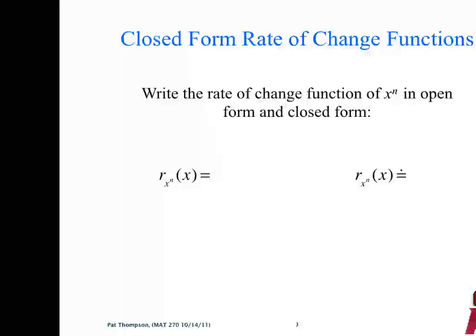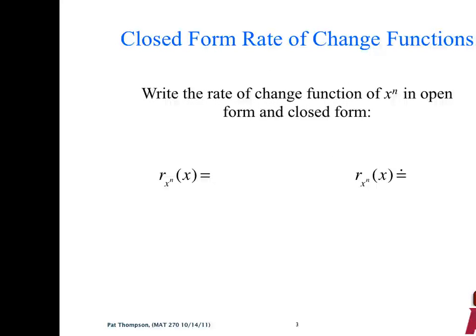So what is the definition or the difference between an open form and closed form? And then here's, for this particular one, x to the n, I want you to write them both out. So take a minute. So first of all, what do we mean by an open form function?